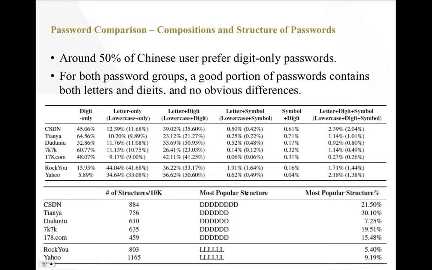And for the most popular structures, for Chinese, of course, they are all digits. We have 8 digits, we have 6 digits, and for English web passwords, they are all 6 letters.